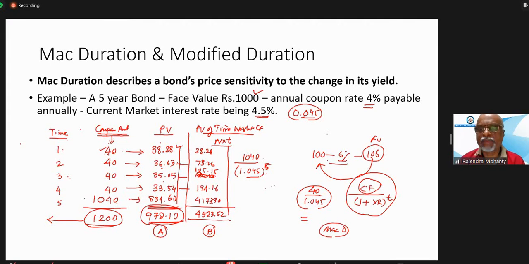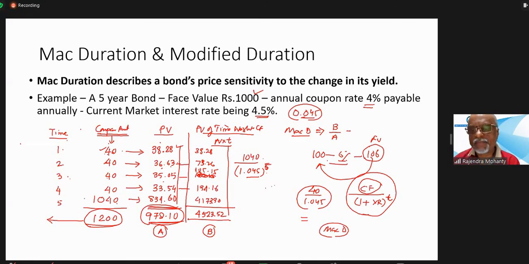Now MAC duration is equal to, what is the MAC duration and what is the need of MAC duration? What does it tell? MAC duration is simply B divided by A. How much are you getting? 4.63.